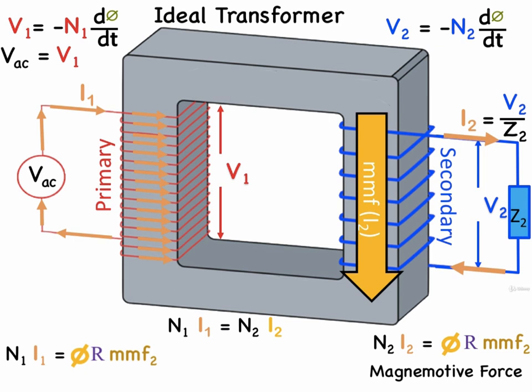Now remember Lenz's law, which states the induced current's magnetic field opposes the change which produces it, or the induced magnetic field acts to keep the magnetic flux in the loop constant.